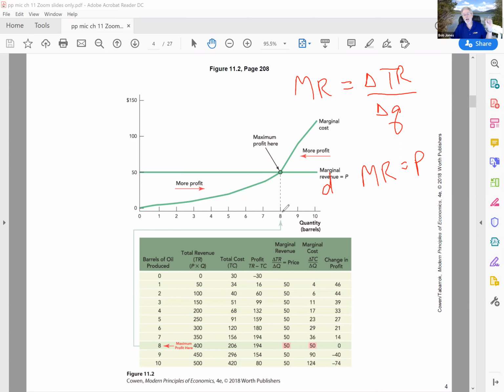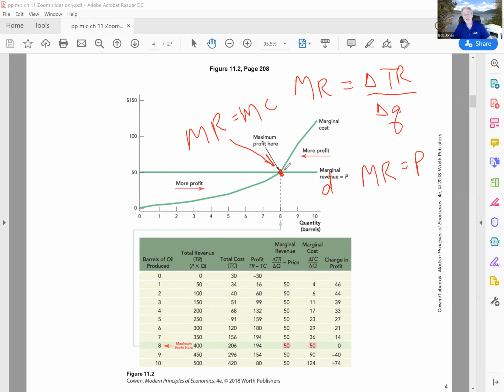But if he produces the 8th unit, the marginal cost is 50, the marginal revenue is 50. He's actually indifferent between producing and not producing that unit, but our convention is to say he's going to produce where MR equals MC, which is exactly at that point of intersection.